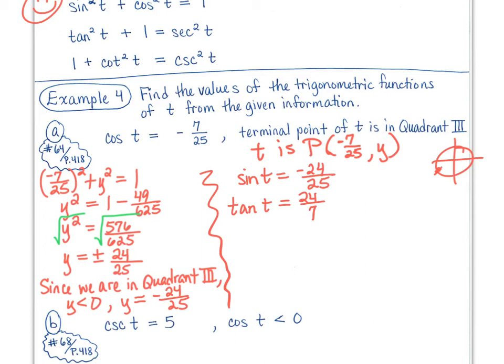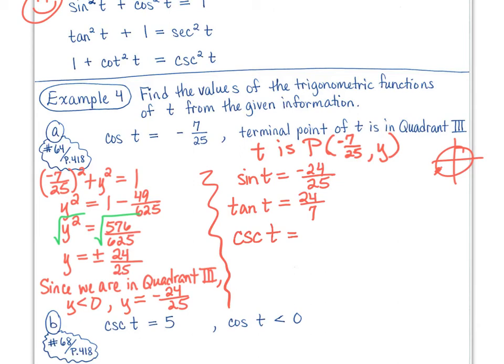Okay? Now, what is cosecant of t? It's 1 over what? 1 over negative 24 over 25.